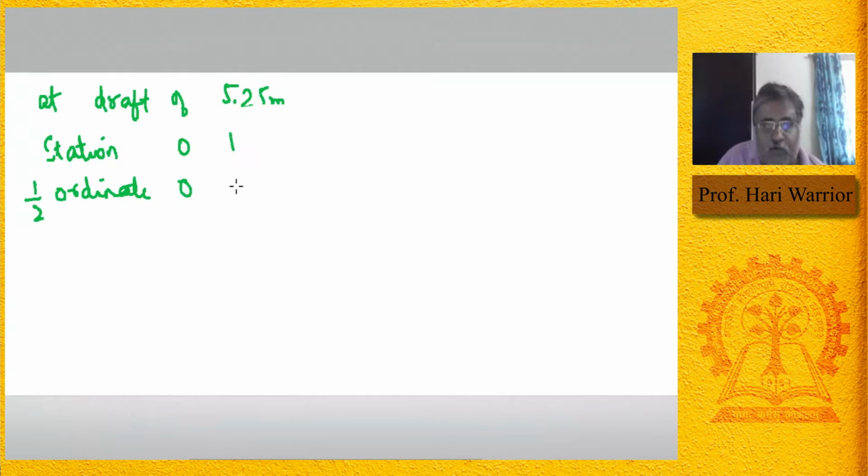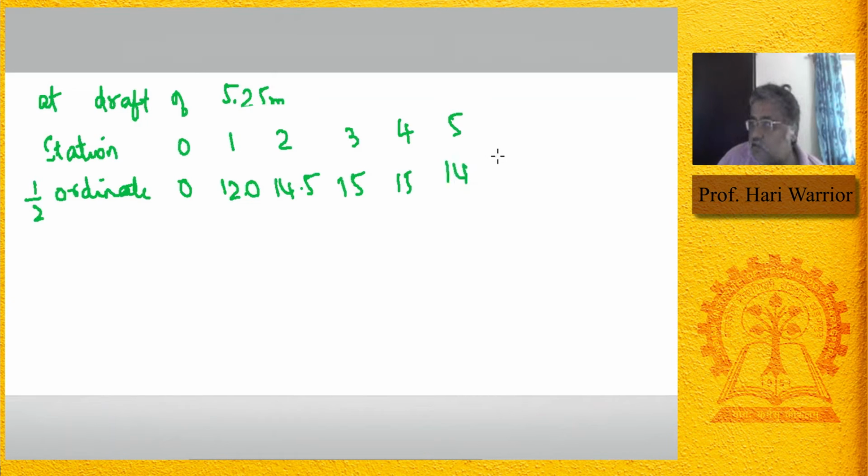You don't have to do it probably, but we have to get an idea of what this is at least. 2, 14.5; 3, 15; 4, 15; 5, 14; 6, 12; 7, 8; and 8, 3.5.